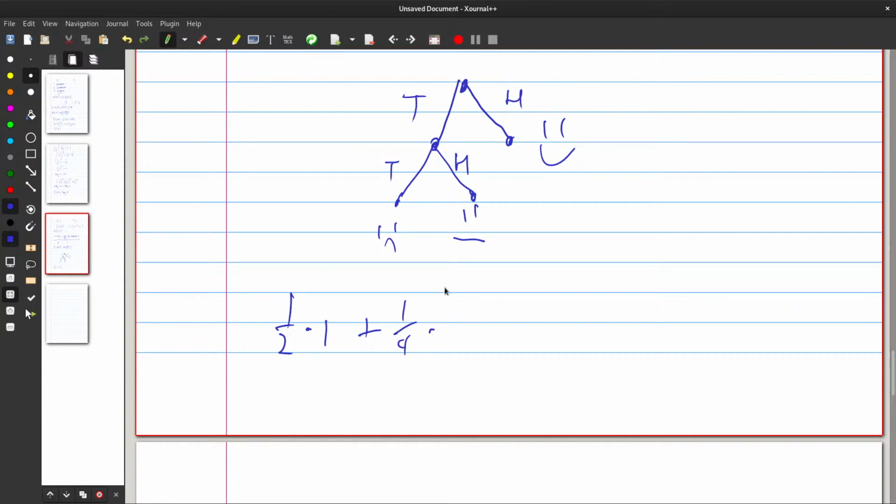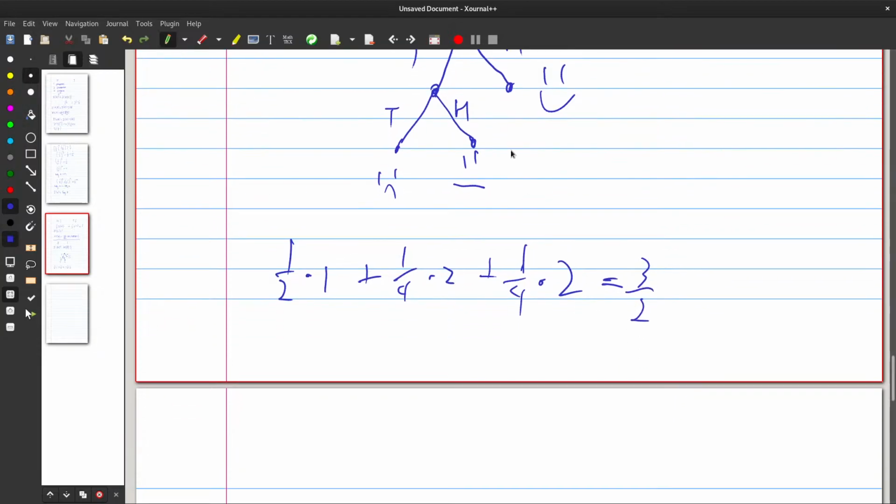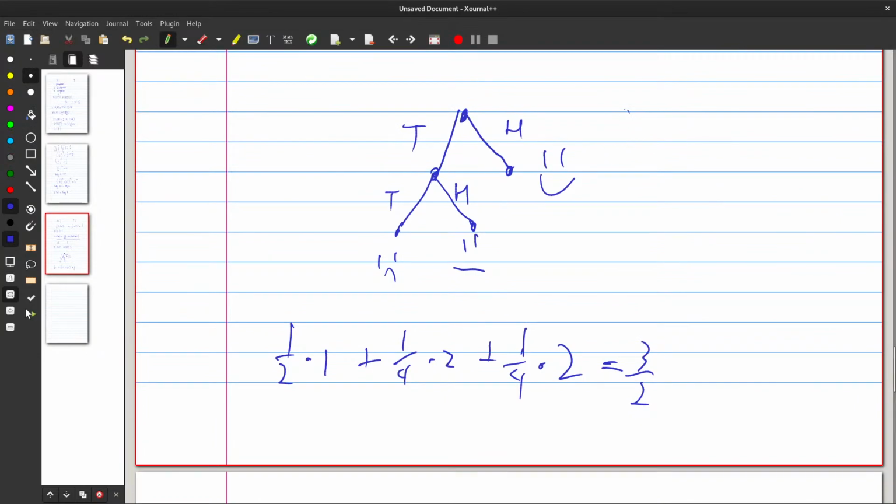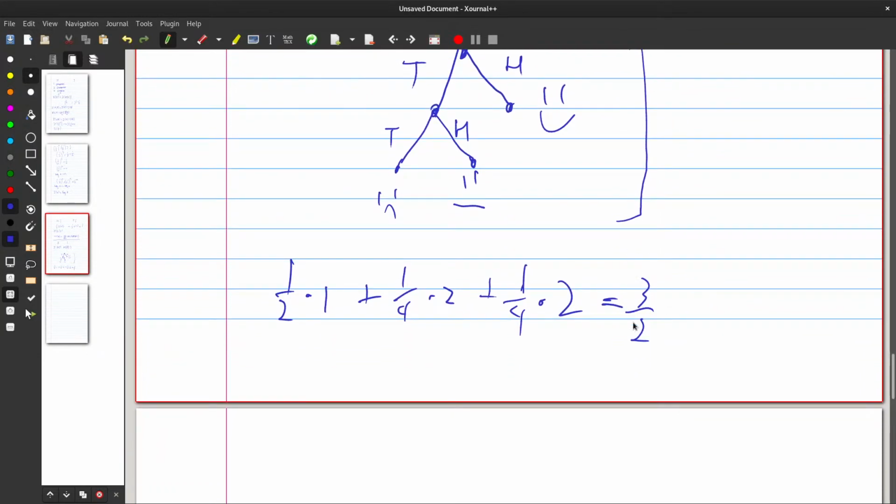And that carries 2 bits of information, because that's 2 coin tosses, or because it's 2 halvings. And for tails heads, it's exactly the same. So we get 1/2 plus 2/4 plus 2/4, which is 3 halves. So that's the information content, the entropy of this game. If I want to send you this game, it would take on average 3 halves.